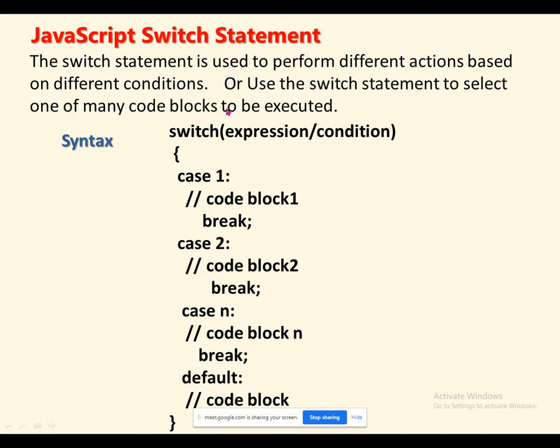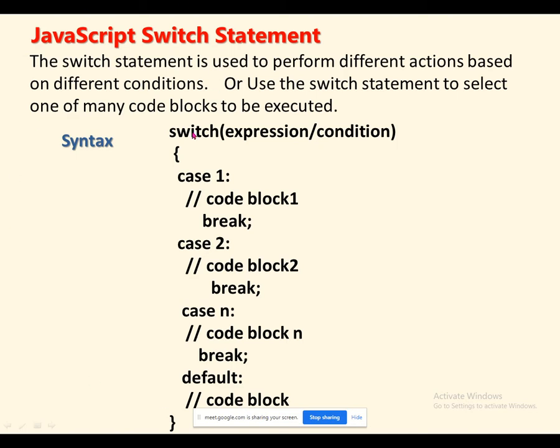You can add any number of cases here, and if out of all n cases nothing is performed or satisfied, then directly your program will jump to the default case. Default case means if any one of these cases is not satisfied, then at last your default case will be performed, and whatever is inside the default case will get performed.